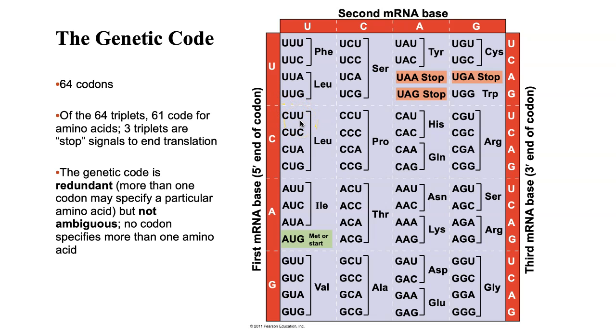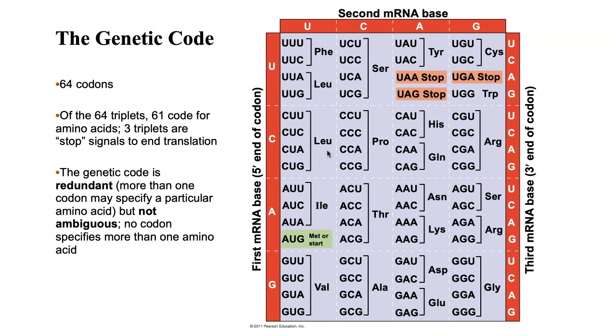Let's just say that it was mutated in the DNA so that it is GAC. GAC would create a codon that is CUG here. So although there was a mutation in the DNA, both of these codons coded for the same amino acid, so that organism would actually not see any effect. That mutation would be a silent mutation.